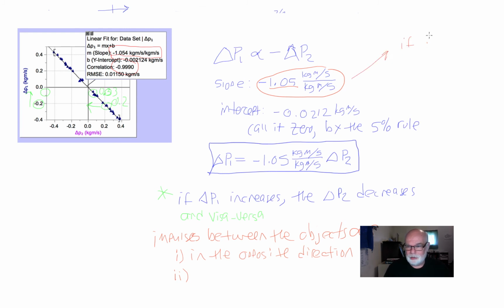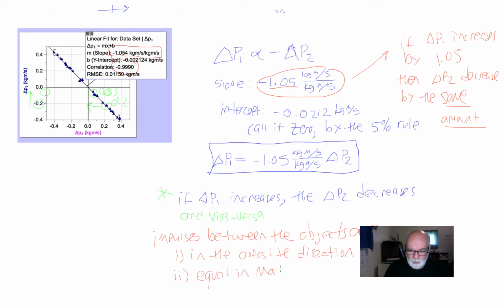If delta P1 increases by 1.05, and I'll leave the units off, then delta P2 decreases by the same amount, because that slope is really close to -1. So the impulses are opposite in direction and equal in magnitude.